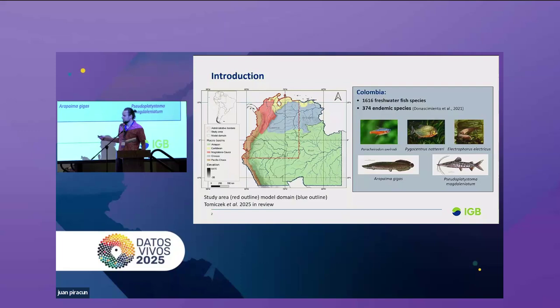And the larger area contained my model domain of the species distribution modeling. And you can see the main macro basins here with the colors: the green, the Amazon, the blue, the Orinoco, the red, the Magdalena Cauca Basin, and two coastal basins which are joined together in the north, the Caribbean, and on the Pacific Ocean, the Pacific Choco.